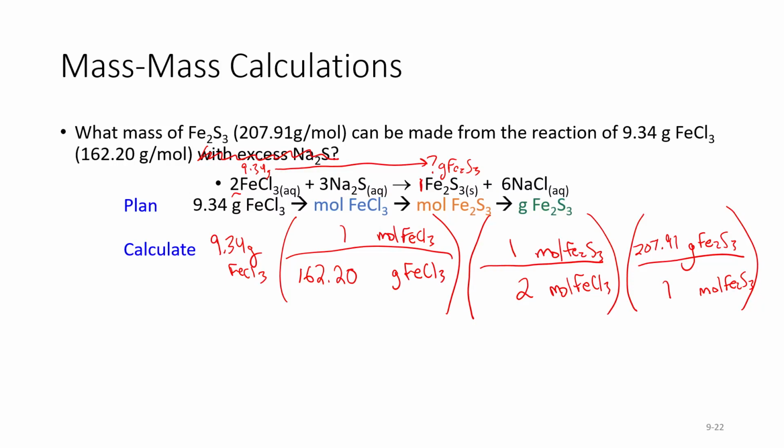So I get 5.986064735. So looking at sig figs here, we're going to report the answer in 3 sig figs. Well, actually, we're going to have to round this up to 6.00 grams.